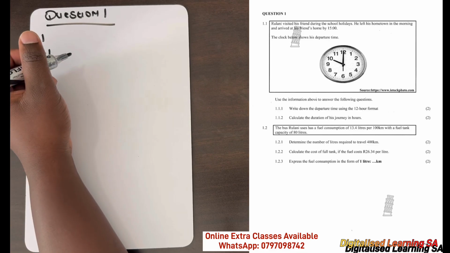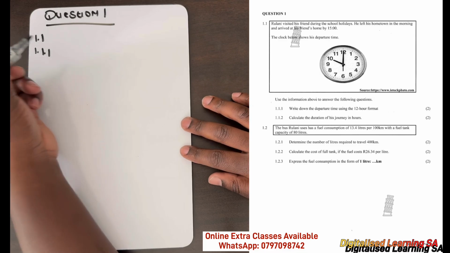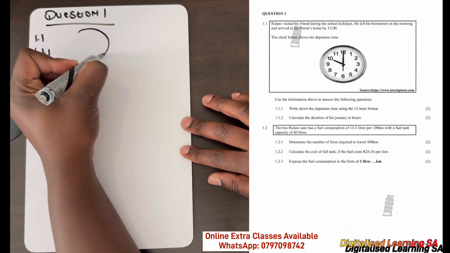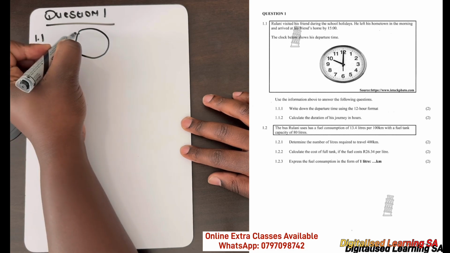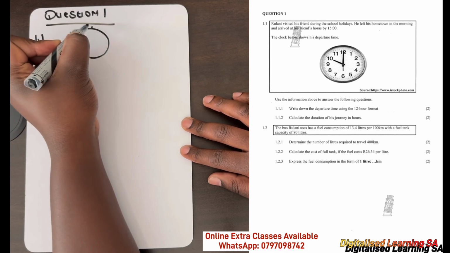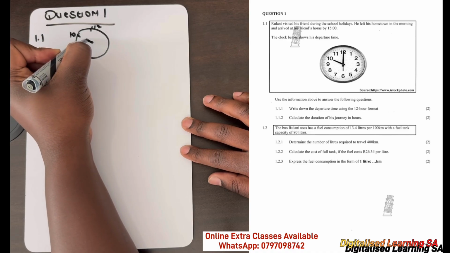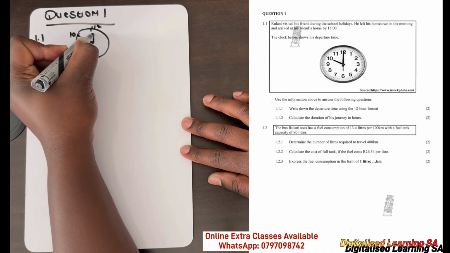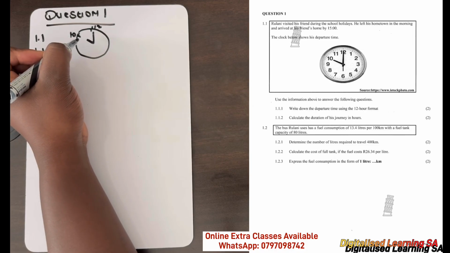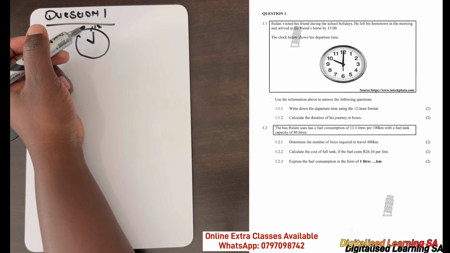So we can see that the small arrow is pointing at 10 and the big arrow is pointing at 12. On our picture on the right, we can see that the small arrow is pointing at 10 and the bigger one is pointing at 12.